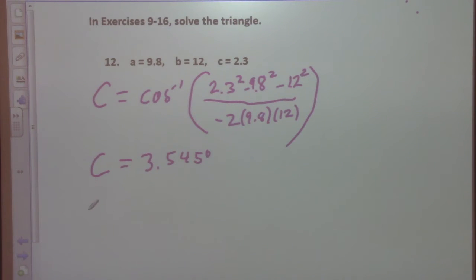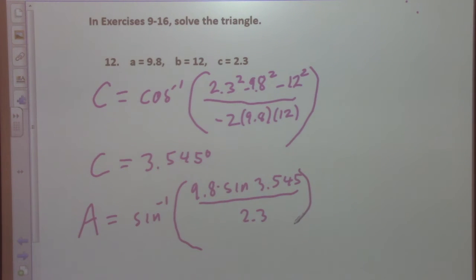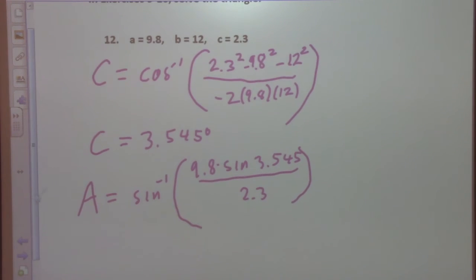So that was going to be A. So A is going to be equal to inverse sine of 9.8, sine of that, over 2.3.